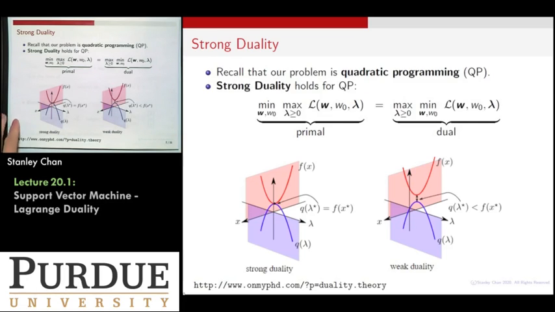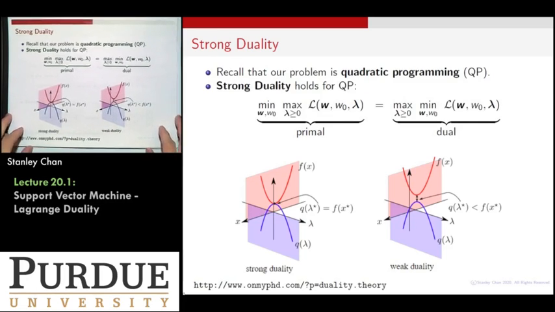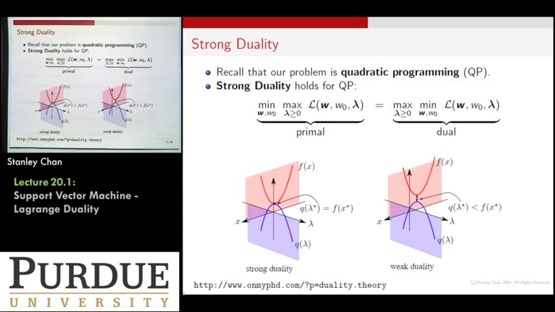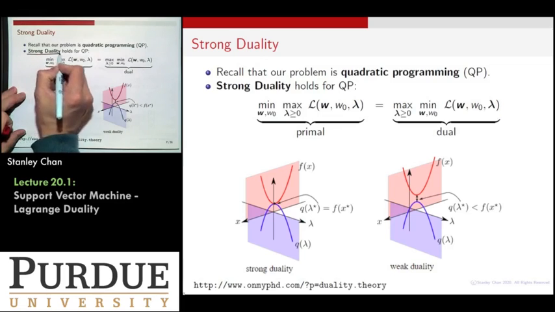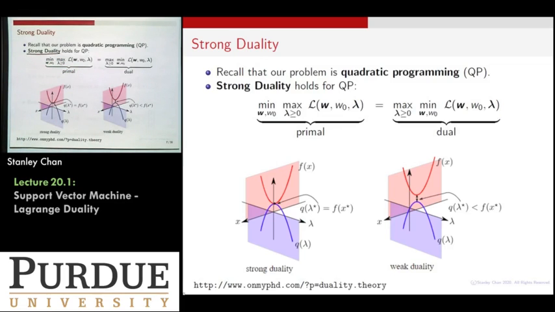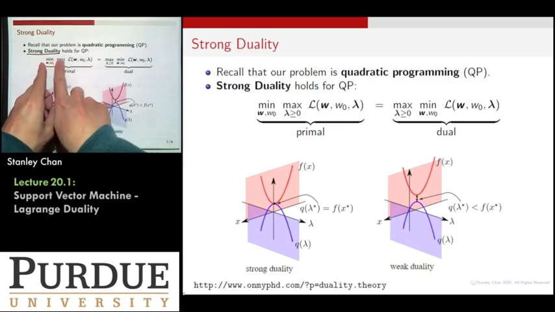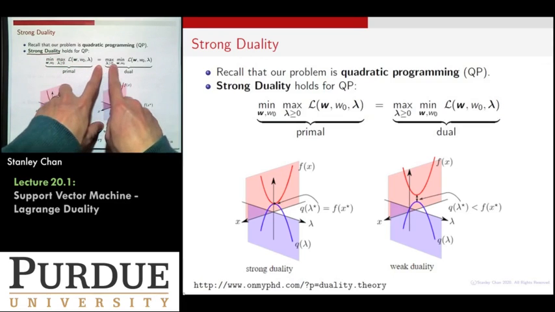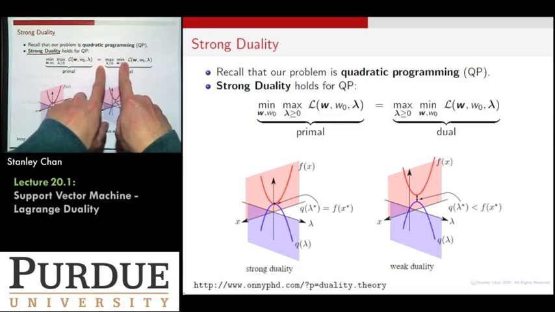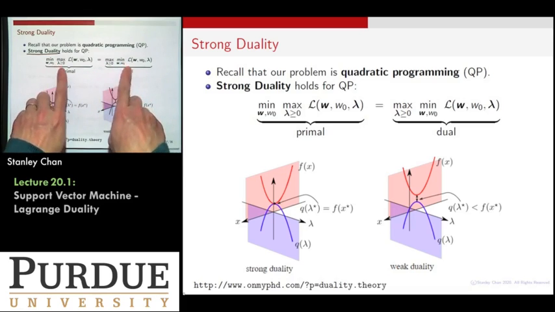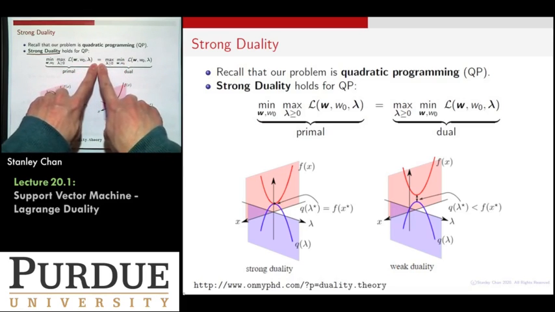There is a very important thing about this minimax problem, and it's stated by a fact called strong duality. Strong duality says that minimax will equal max-min. Now this equality is not always true.